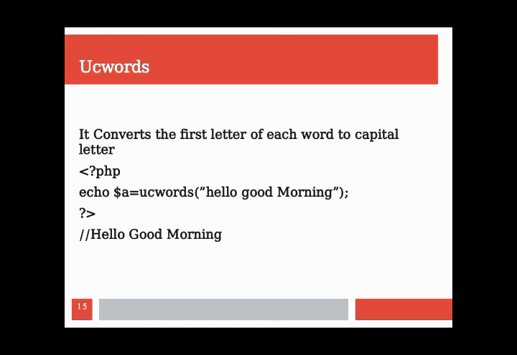Then good, G is again capital, and in morning the first letter is already capital. So of these three words, the first letters H, G and M are capital. In this way the output will be Hello Good Morning.